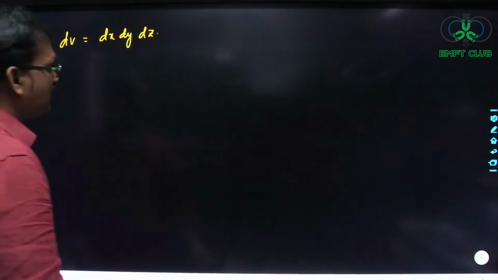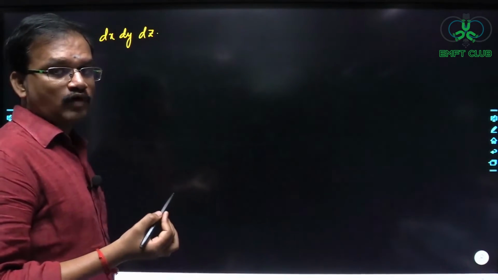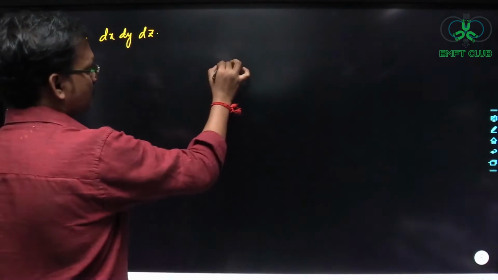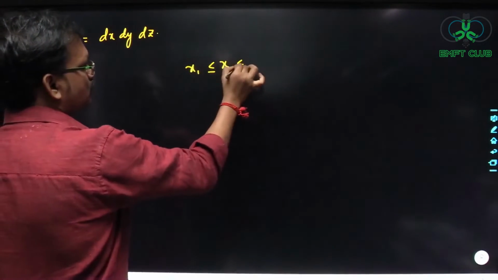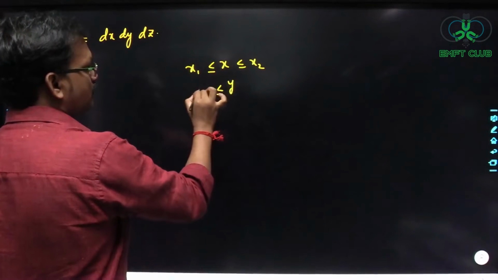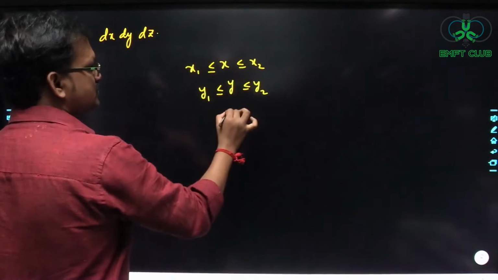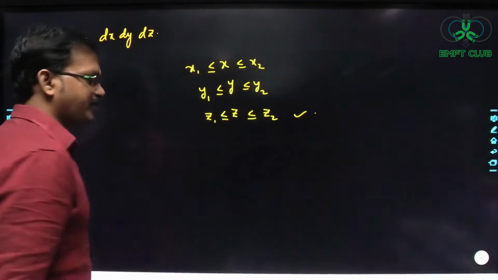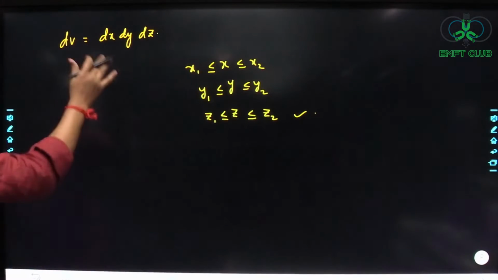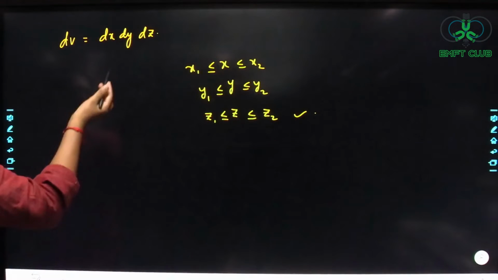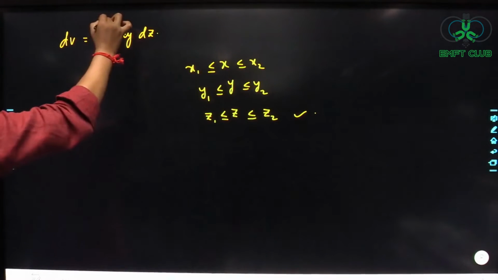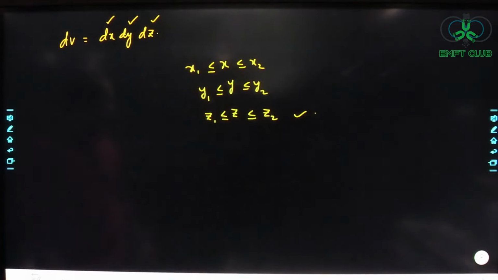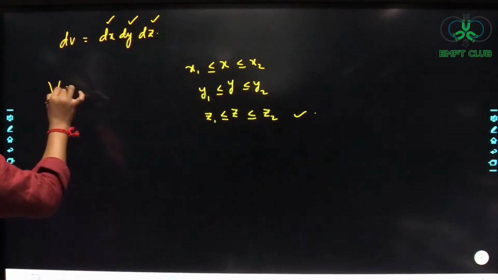Now if they ask to determine the volume formed by the range of x, range of y and range of z, suppose they have given x varying from x1 to x2, y varying from y1 to y2 and z varying from z1 to z2. If they ask us to determine the total volume, what you have to do? You have to integrate with respect to x, with respect to y, with respect to z over their ranges. Understood? So total volume V is equivalent to what?